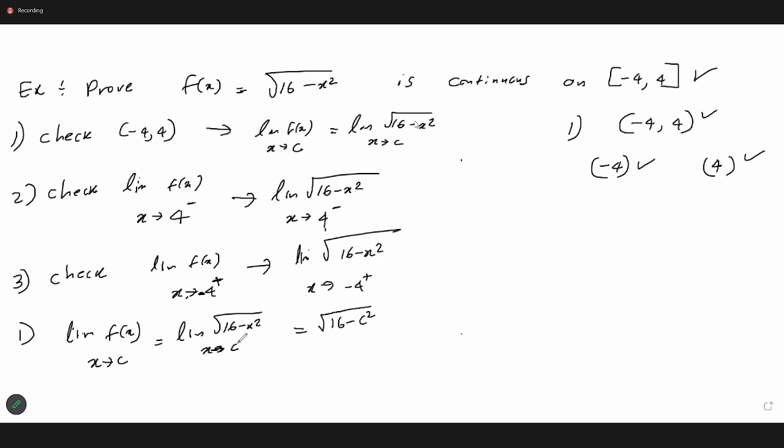If you can't solve the problem, that means the limit does not exist. I first plug in the value c. C is a general term, and c may be within the range from negative 4 to positive 4. Anyway, can you tell me, is that true for all this range?